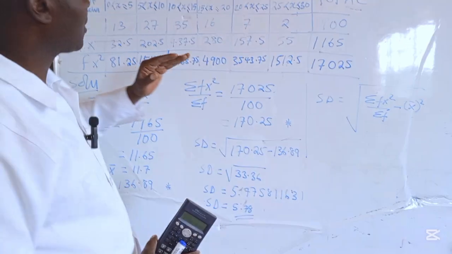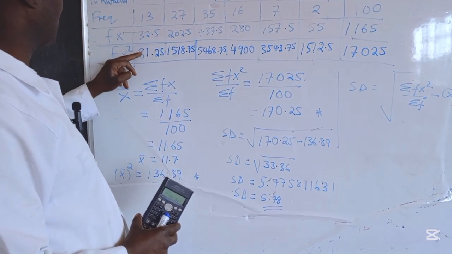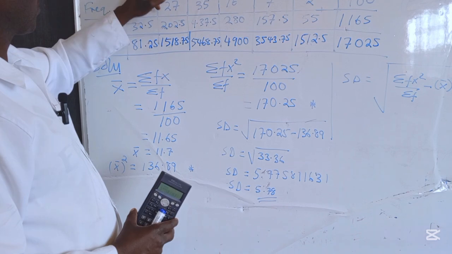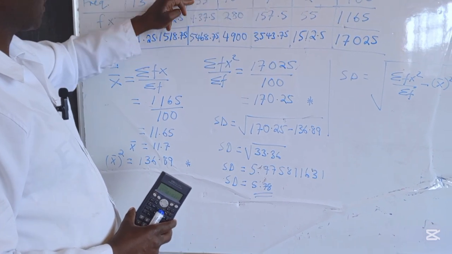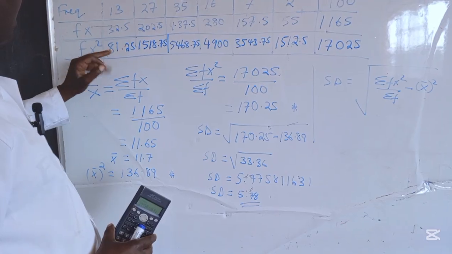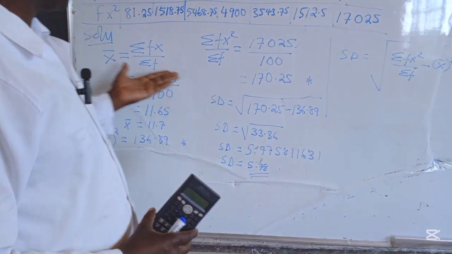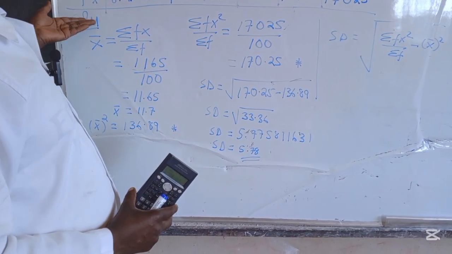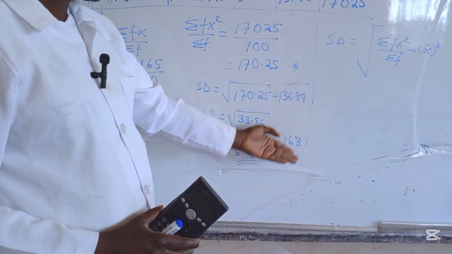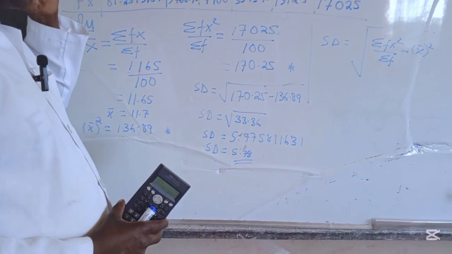When you square it, multiply by the frequency, you get this one. Before you square it, you multiply. You are getting this. Thereafter you square it, it is this one. Then you add the totals, you put them there. Then you come and just replace them. So what should appear in your answer sheet is this. This is very, very important. And this is how we find the standard deviation.